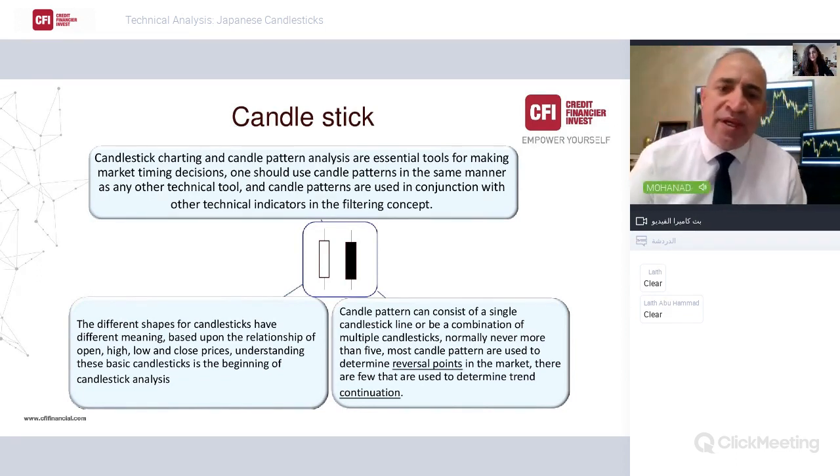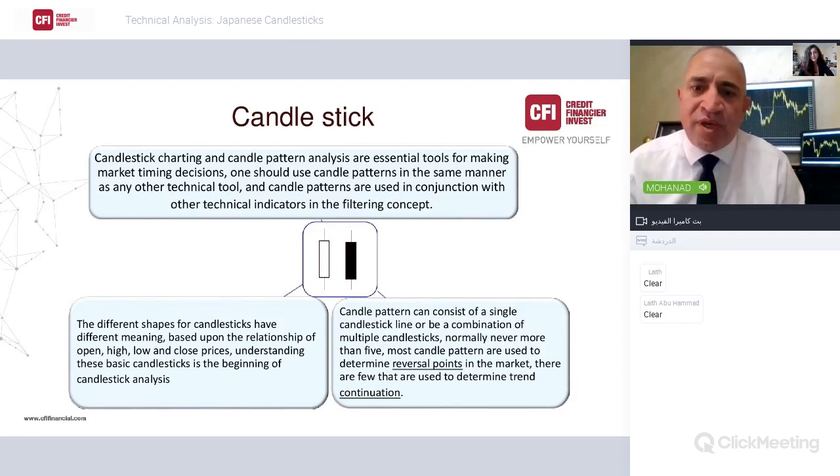Okay, thank you, Reem. Let's start directly with the subject. Let's first make a definition for the candlestick. Candlestick is the fastest and the first sign in the chart that tells us the market will reverse its direction. Candlestick is the easiest technical tool in the chart, helping us to determine when the price will reverse its direction from up to down or from down to up.